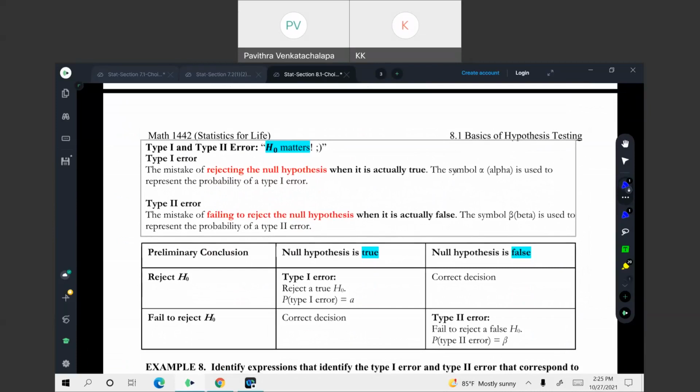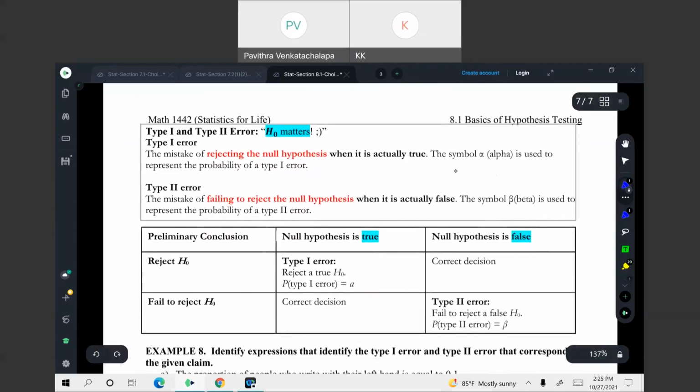So here we will learn about errors. Basically we have two types of errors, type 1 and type 2. When do we say it is a type 1 error? When H0 is true, that is the null hypothesis is true, but by accident or by mistake you are rejecting the null hypothesis, then we say it is a type 1 error and we represent that by alpha.